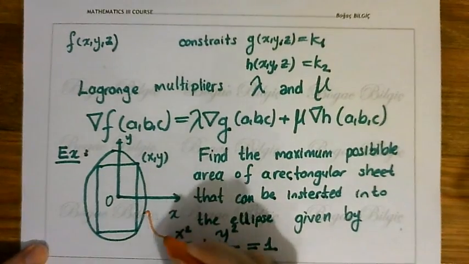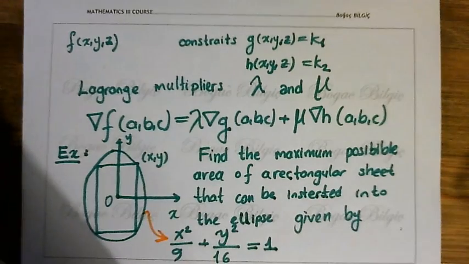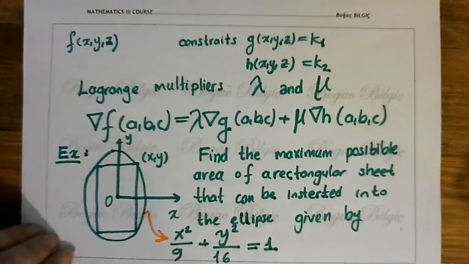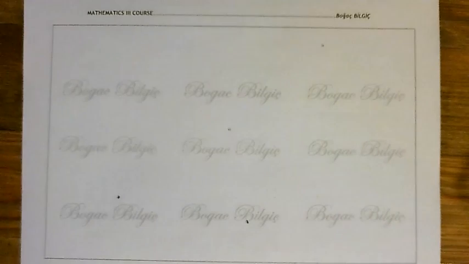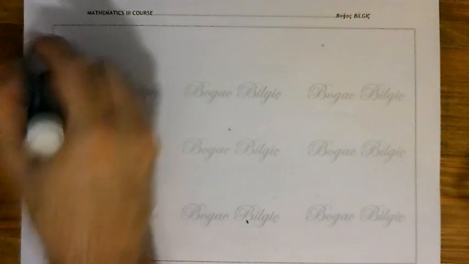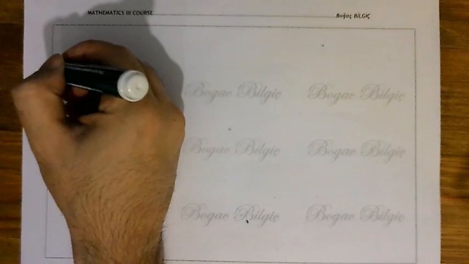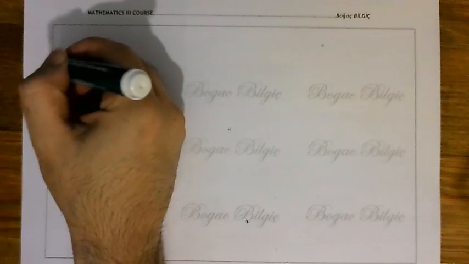Let (x, y) be the vertex of the rectangle in the first quadrant.